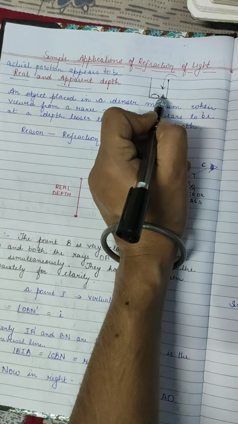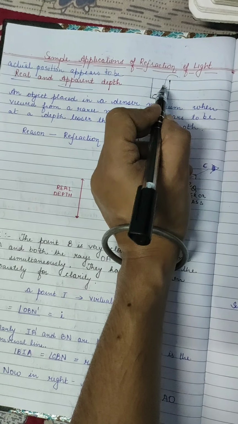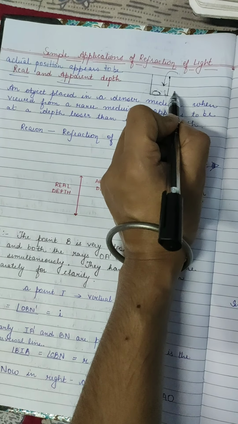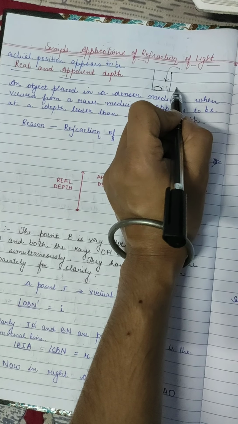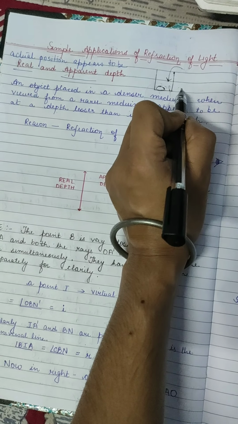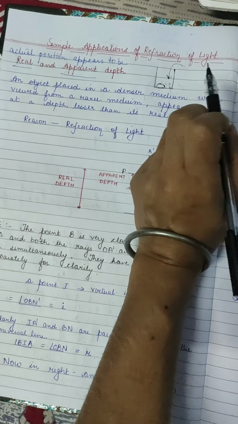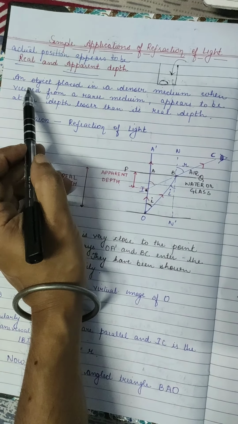Why is the visibility of the coin more? Because it appears to us to be raised. Because of the addition of water and because of the refraction of light, it appears to us. Okay. So where it appears to us, that is the apparent depth of this coin. So that's what they are saying here.